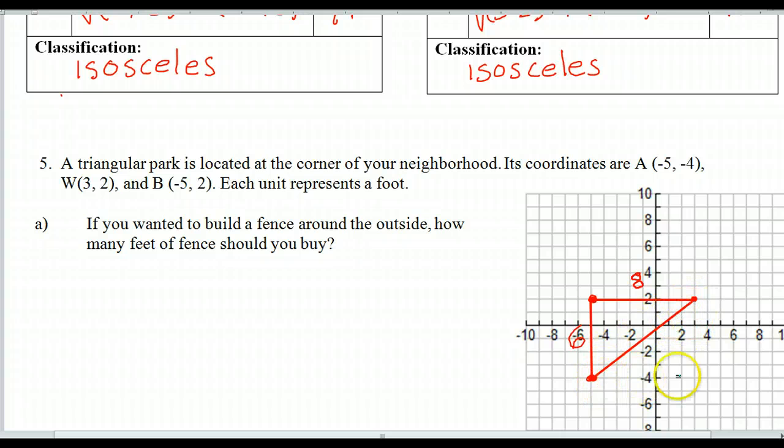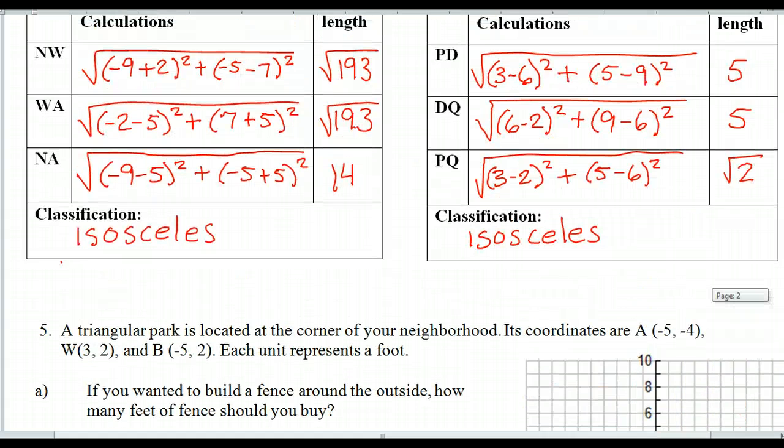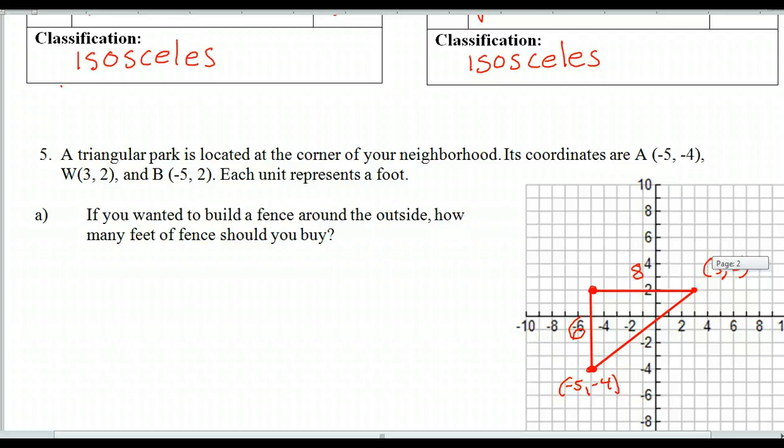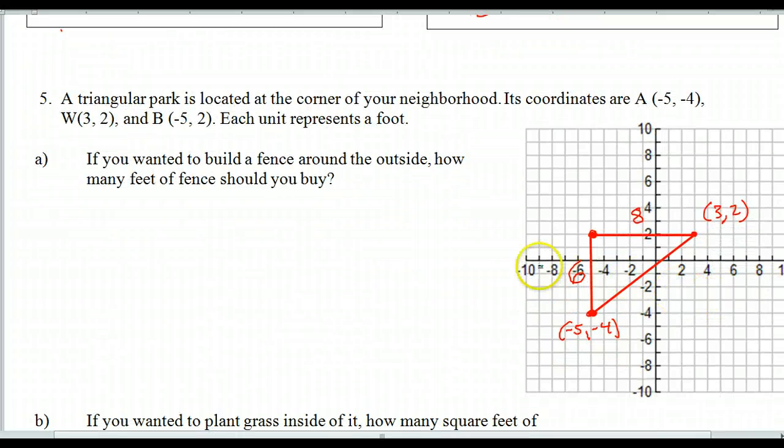Now, please understand that I could use my coordinates. This was that point -5, -4, and this is the point 3, 2. So I could use my distance formula like I did up here with these problems to find the length. In fact, just to make a point, I think I will do that. So this third distance, the distance is going to be the square root of x minus x.